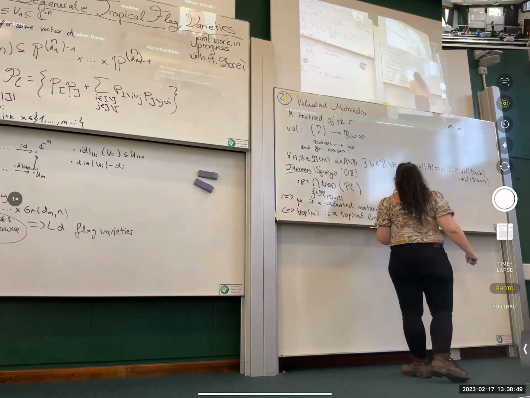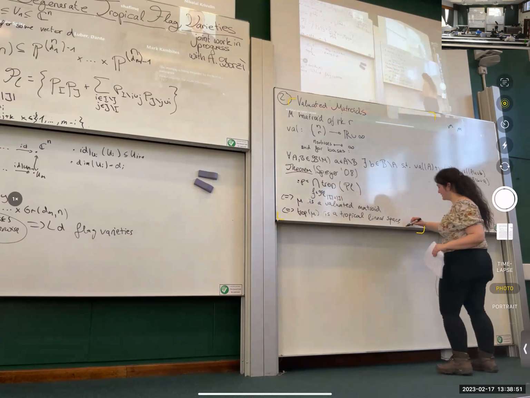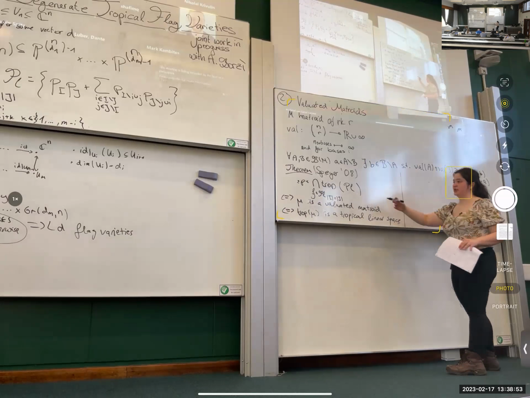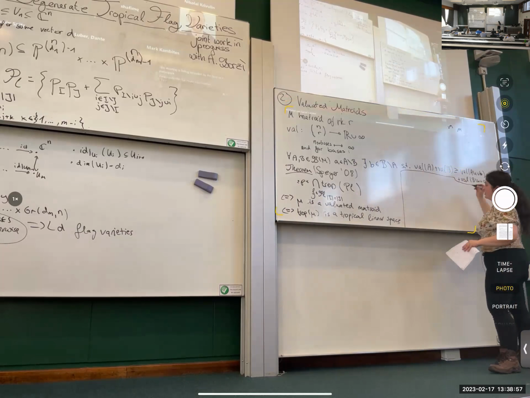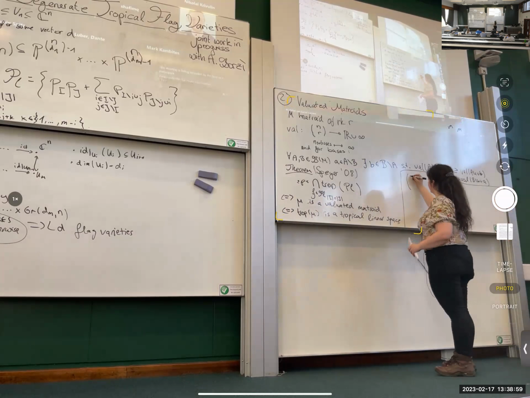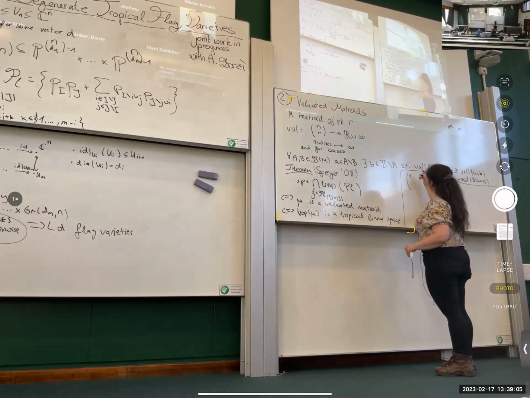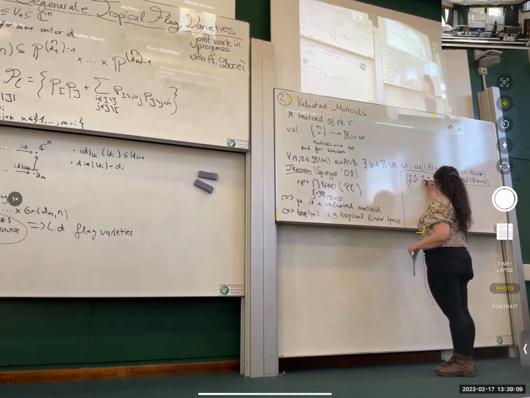So maybe let's see on an example how one would cook up such a tropical linear space in practice. For our example, we're going to look at a nice realizable tropical linear space. We're going to look at the matrix 1, 1, 1, 1 / 0, t^a, t^b, 0 / 1, 2, 3, 4.